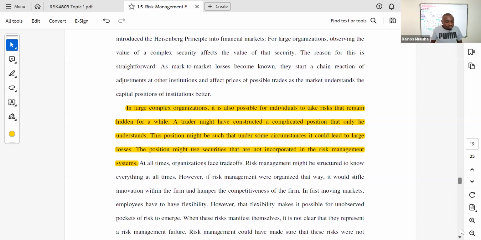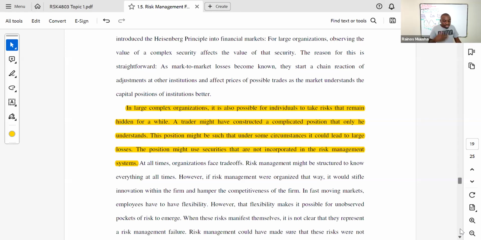So in this case, it means that the trader understands the position, especially when it comes to derivatives. That's why, when you look at general investments, you will see that not anyone is allowed to invest in hedge funds. That's why unit trusts are very wary: if it's a hedge fund, they have to indicate that it's a hedge fund. Otherwise, mutual funds are not supposed to be including any instruments that take a short position.